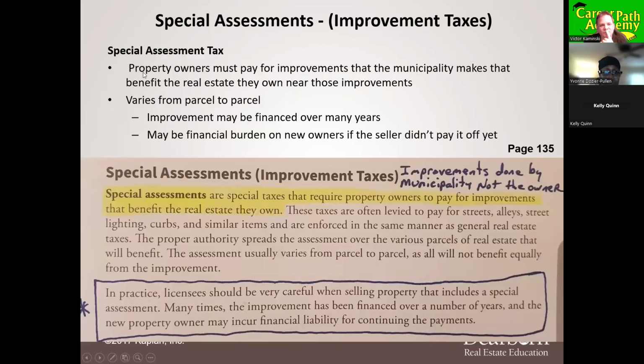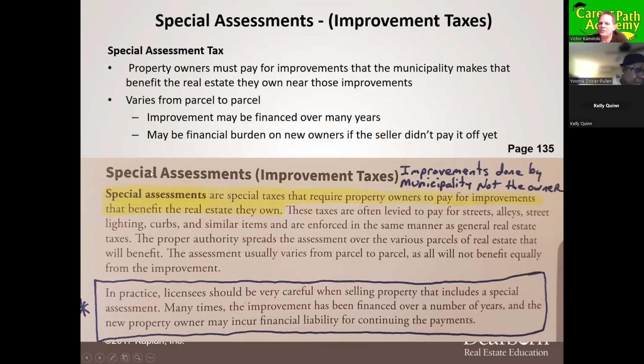All right, so the special assessment is a property tax. It's a property tax to fund the payment for improvements that a municipality makes, not improvements that the homeowner does on their house, but, for example, if they wanted to build a new little park in your neighborhood, how do they pay for that?